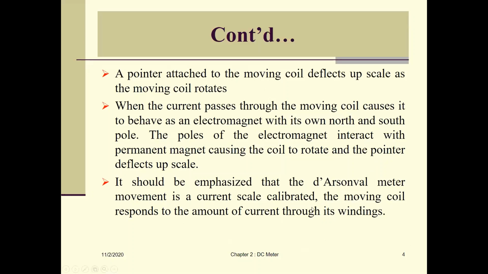The moving coil depends on the amount of current through its winding, as I mentioned to you. The pointer attached to the moving coil reflects on the scale as the moving coil rotates.